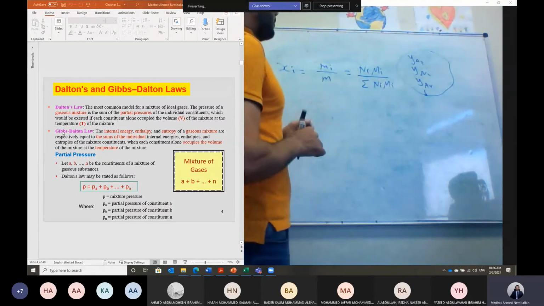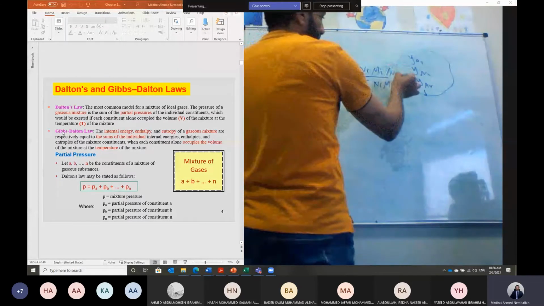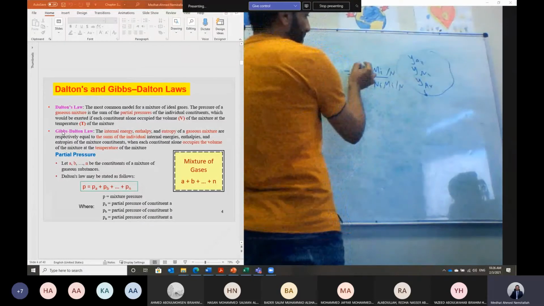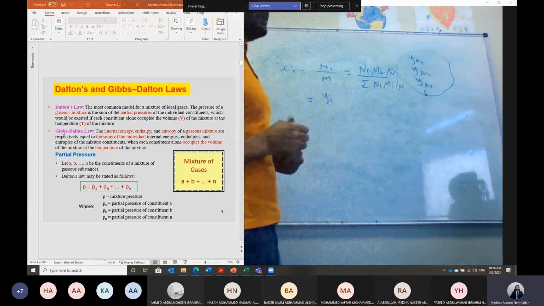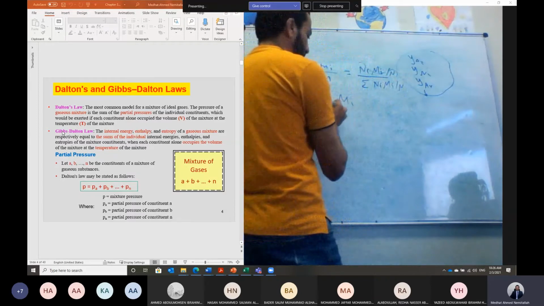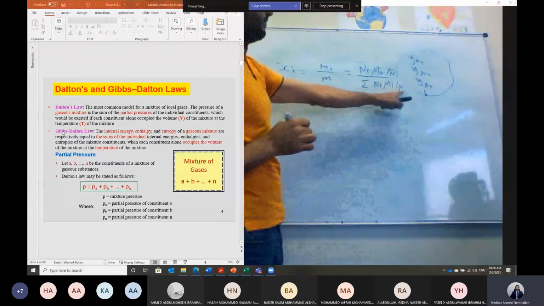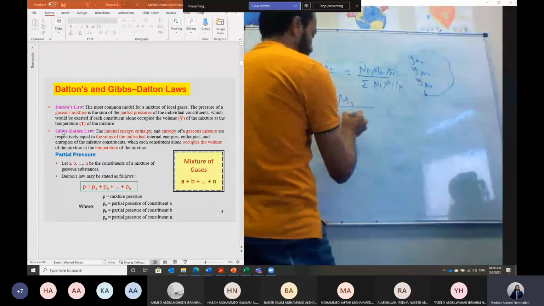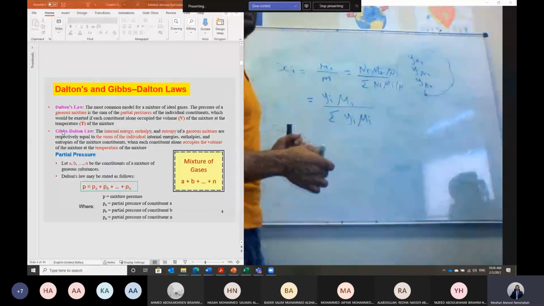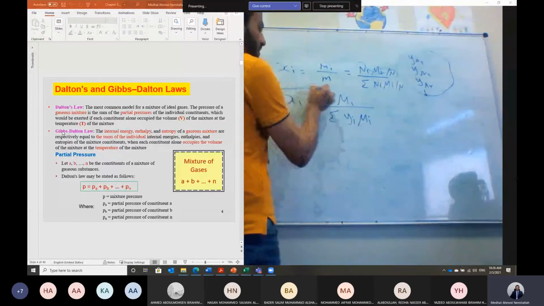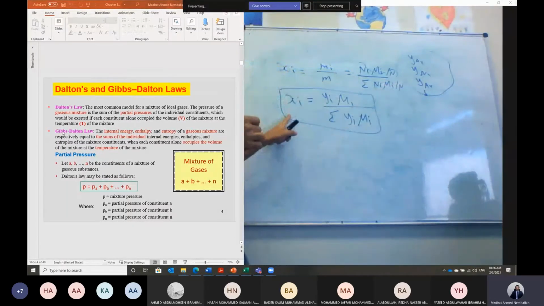If we divide up and down by the total number of moles N, it will be Ni over N, which is equal to yi, the mole fraction, multiplied by its molecular weight Mi, divided by the summation of Ni over N, which is the summation of yi multiplied by the molecular weight Mi.